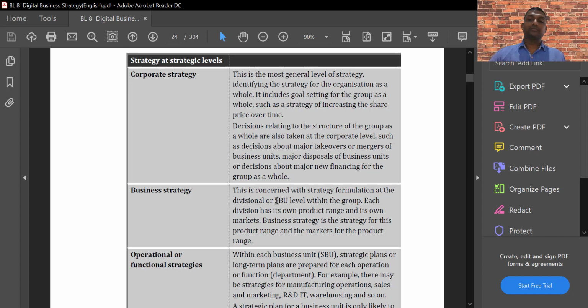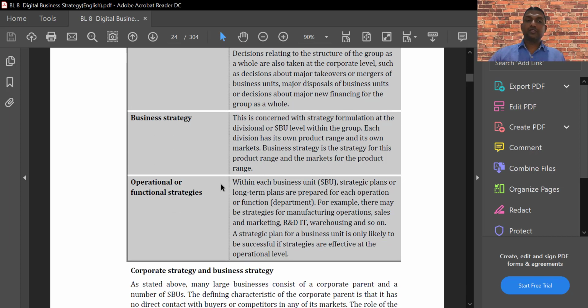If they have more than one product or service, or cater to different regions or locations, they might divide themselves into strategic business units. Each of these units will take its own strategy decisions to develop the business. These are business strategies, not corporate strategies: how to improve, capture markets, and improve on the products and services already offered.